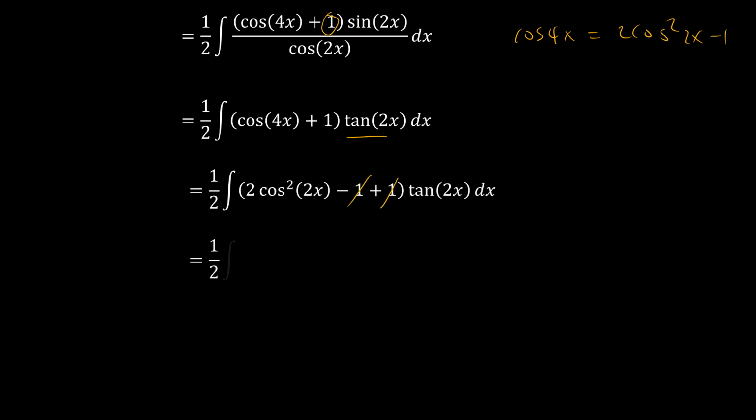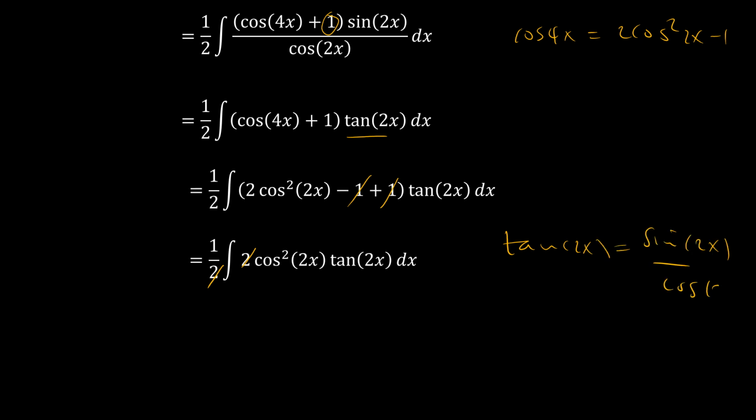So we do have a half times twice the cosine squared 2x times the tangent of 2x. Tangent 2x is equal to sine 2x over cosine 2x, and that's where one of the squared cosine 2x in the numerator goes out, so we cancel that squared with that.